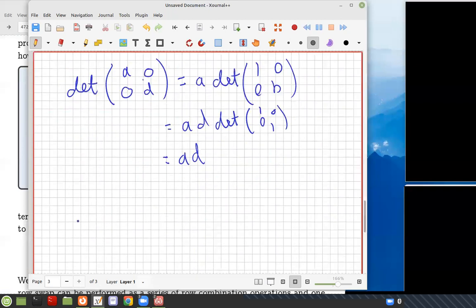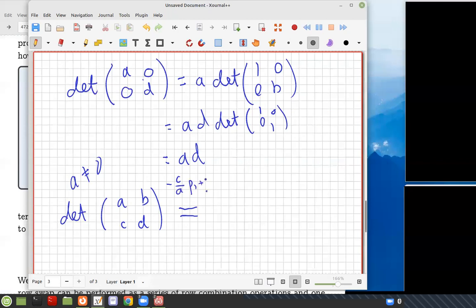Now let's see what happens if we have the determinant of A, B, C, D, under the condition that, say, A is not equal to 0. Well, if A is not 0, then I can do the row operation, minus C over A row 1 plus row 2.